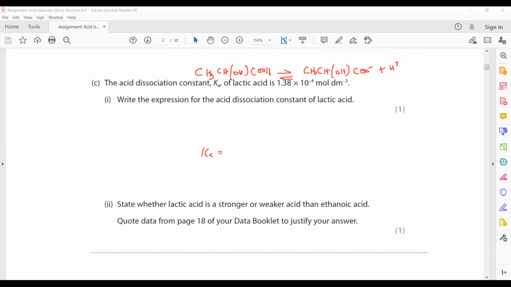When we write the products divided by the reactant for the dissociation constant, it will be [CH3CH(OH)COO⁻][H⁺] divided by the concentration of lactic acid, [CH3CH(OH)COOH].